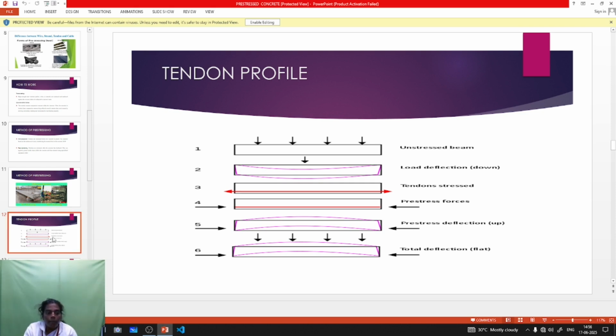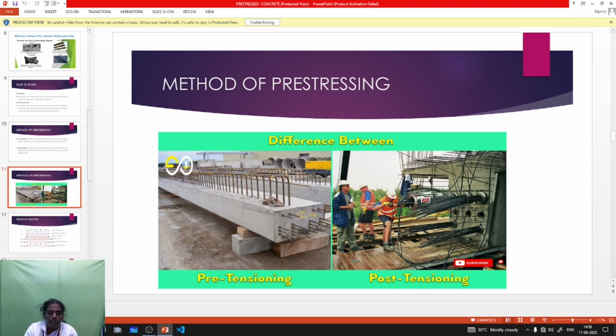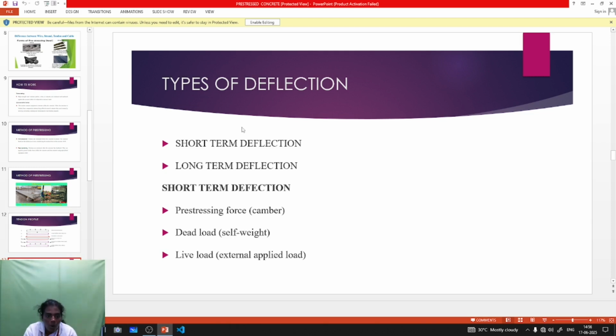So to induce the stress, first of all, is the concept of pre-tensioning. Pre-tensioning first induces the steel to the concrete. Two types of deflection occur: short term and long term deflection. What is meant by short term?